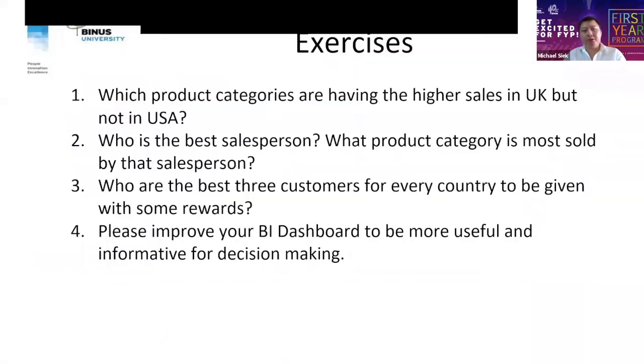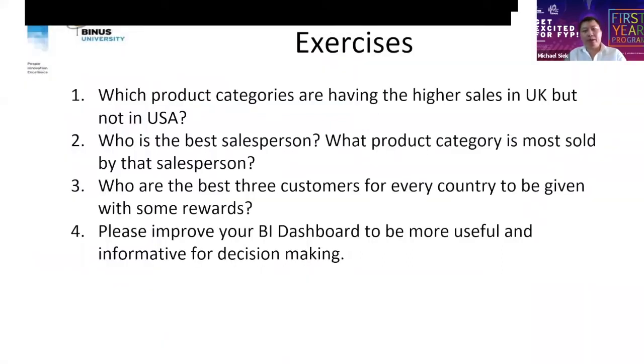The first question: which product categories have higher sales in UK than in USA? As you see from the radar chart, for instance, or you can use another chart, it's also okay. Try to show and answer the question.